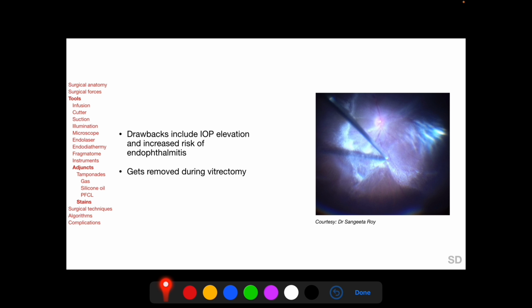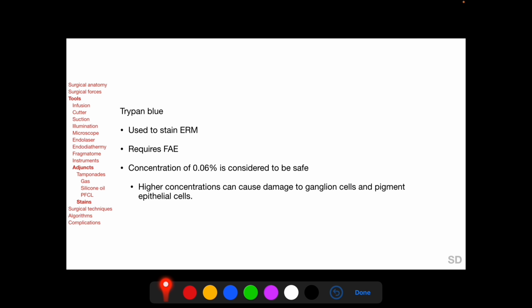Drawbacks of triamcinolone include intraocular pressure elevation and increased risk of endophthalmitis, but triamcinolone gets removed from the eye at the completion of vitrectomy. Although not often used, trypan blue can stain epiretinal membrane but can do so efficiently under air, and high concentrations of trypan blue can cause damage to ganglion cells and pigment epithelial cells.